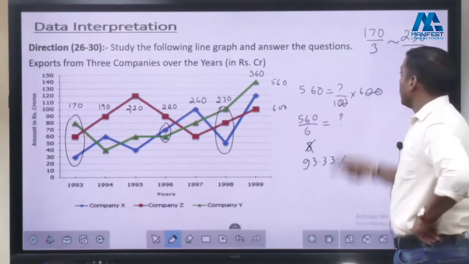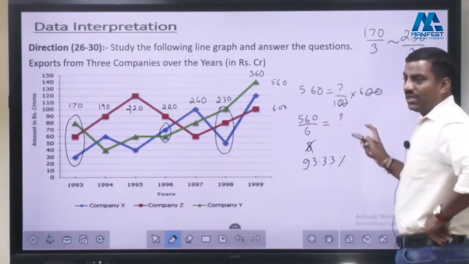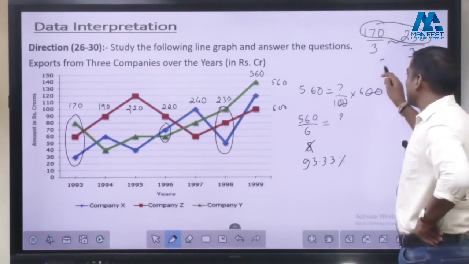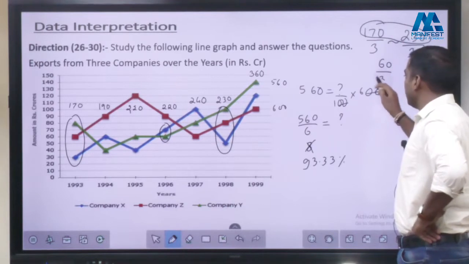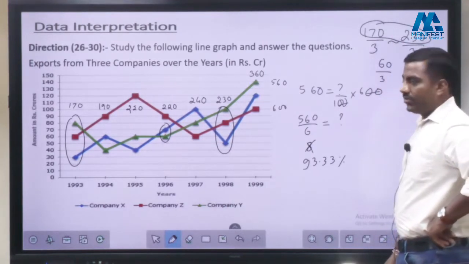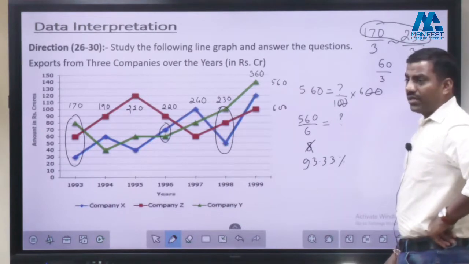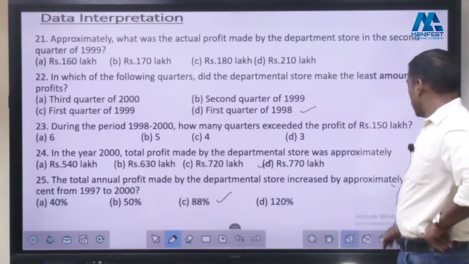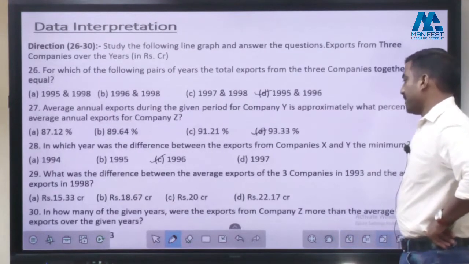But you will get a decimal here, simply that will be cumbersome. Take the difference between these two, that is 60. Then divide by 3. So what is it? 20. That is what we want, right? ₹20 crore.